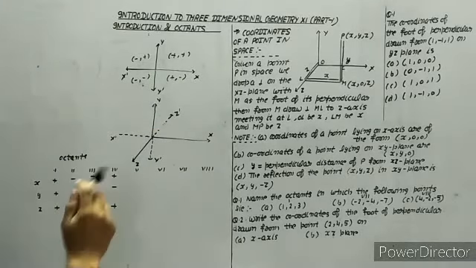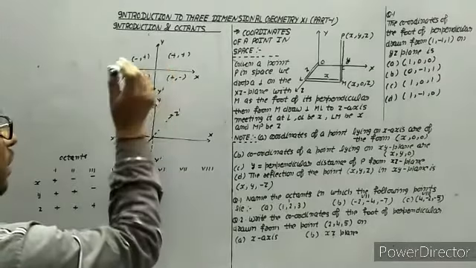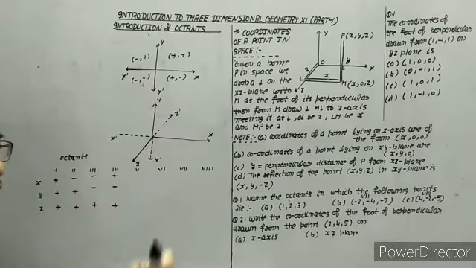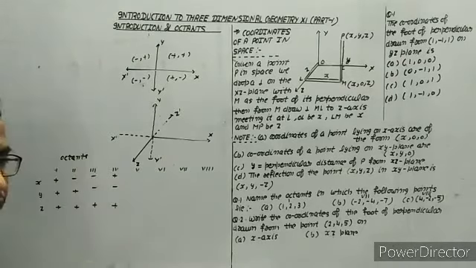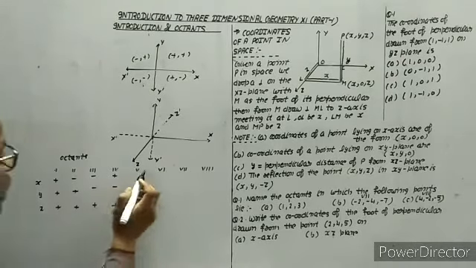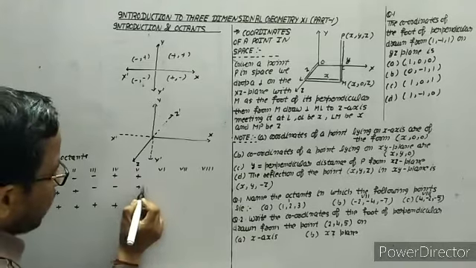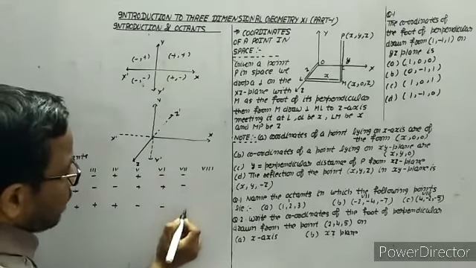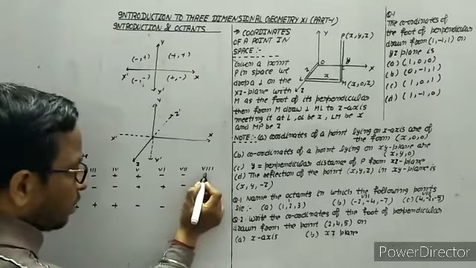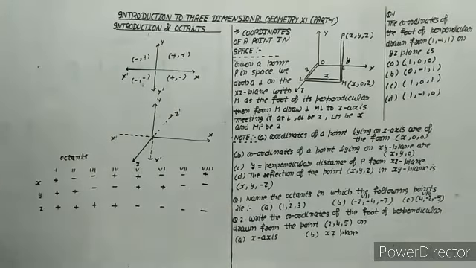In the fifth octant, look at this. Z is behind, so the sign for z will be negative, but the other signs for x, y remain the same. So it will come as plus, plus, minus; minus, plus, minus; minus, minus, minus; and plus, minus, minus.